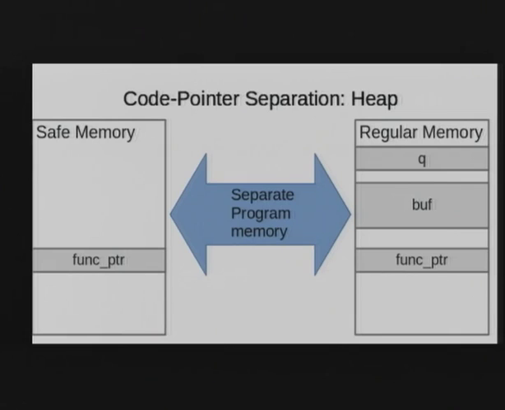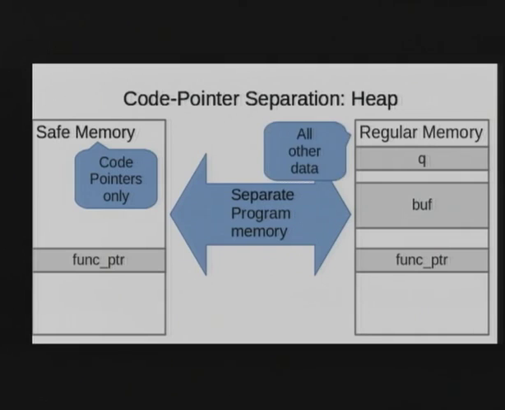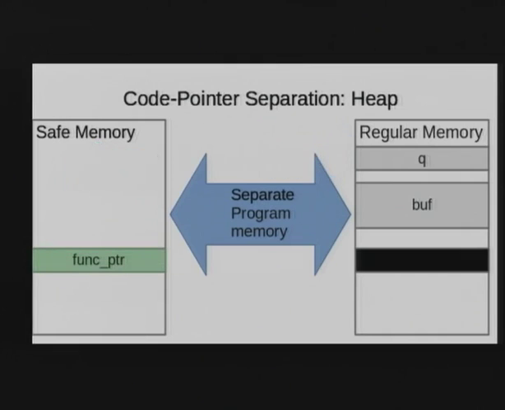And we thereby logically separate function pointers and any remaining data, taking away the possibility of an attacker to modify it. So the safe memory contains code pointers only and nothing else, while the regular memory contains all other data.